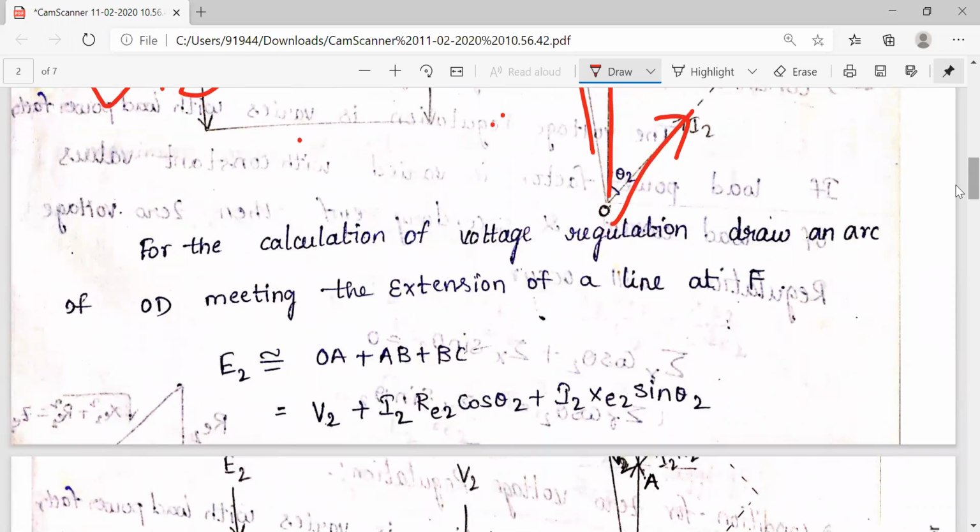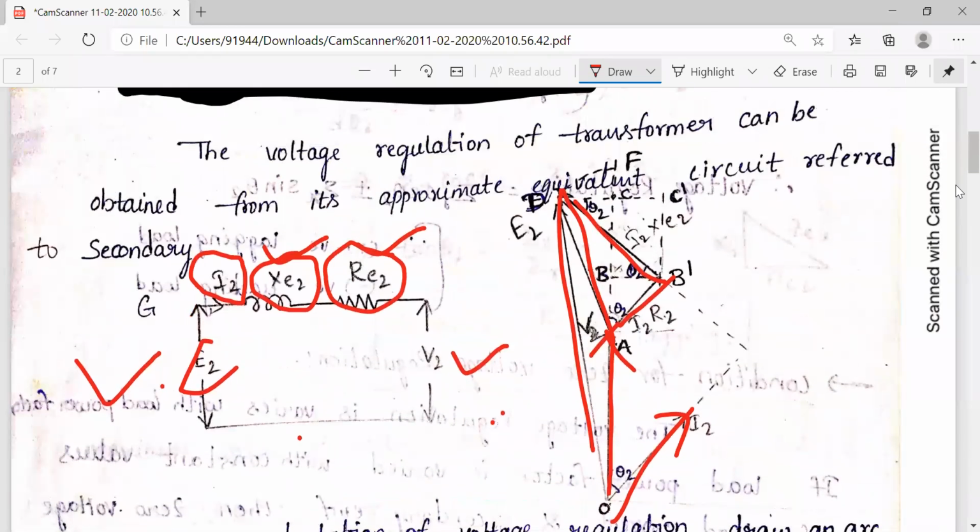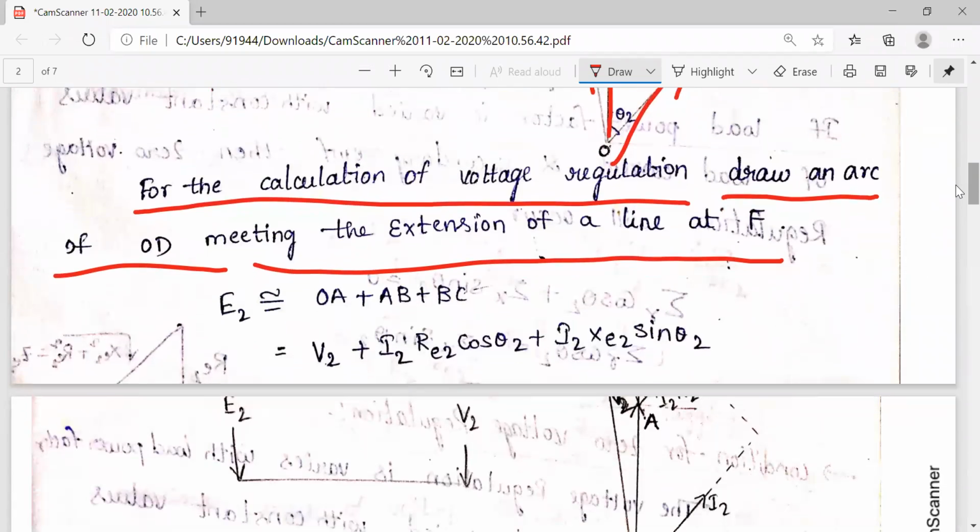For calculating the voltage regulation, draw an arc of OD meeting the extension of the line at F. So this is the arc value, drawn from O. So total E2 value equals OA plus AB plus BC.